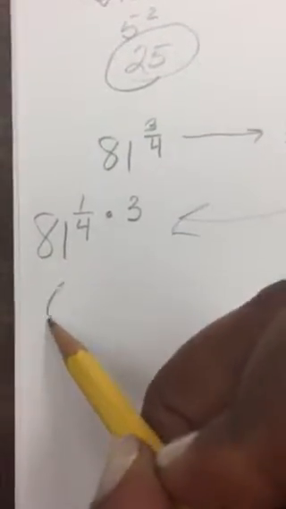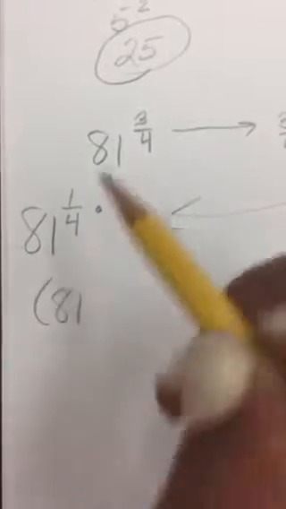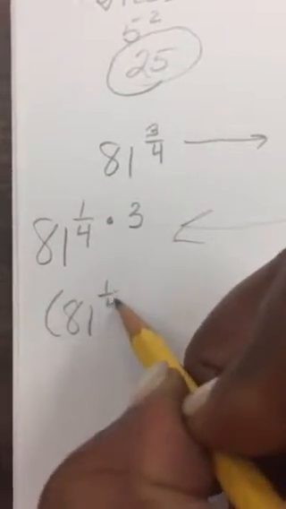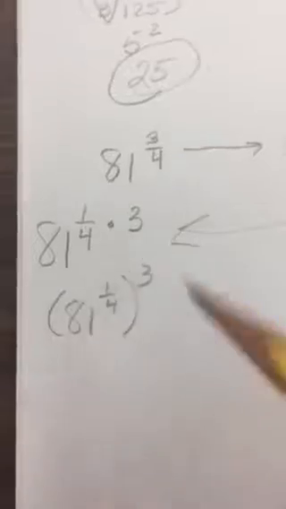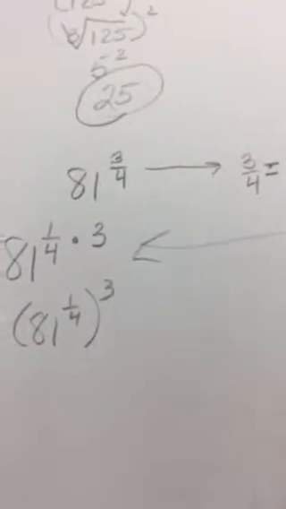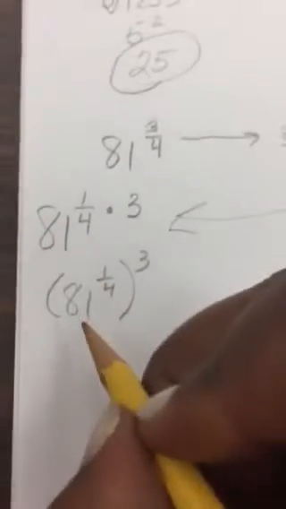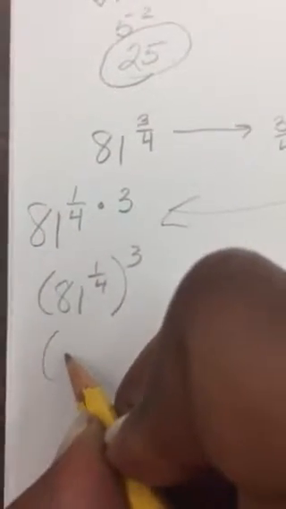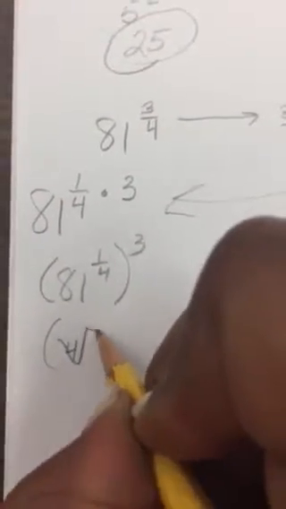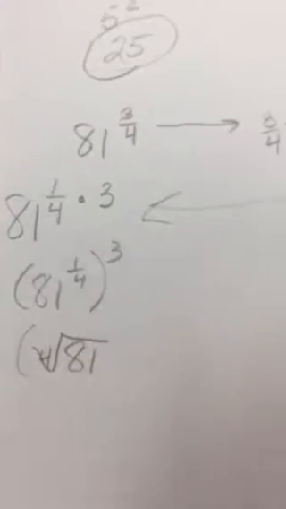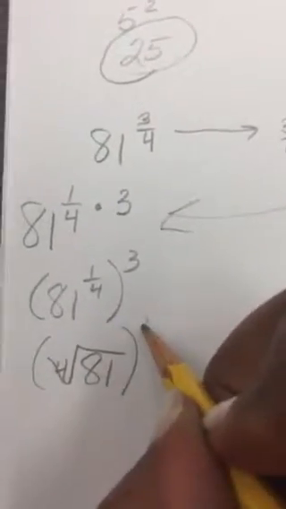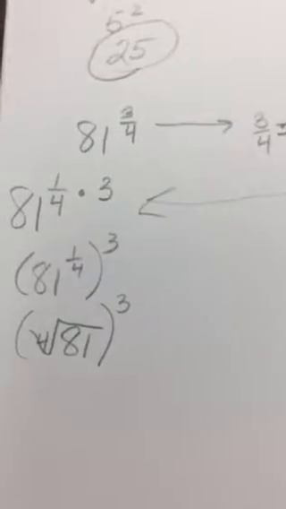Why not put that in parentheses, 81 to the 1/4 power, times 3. And that's using the properties we already know. So that's going to be the 4th root of 81. And then don't forget, we have to raise that to the 3 still.